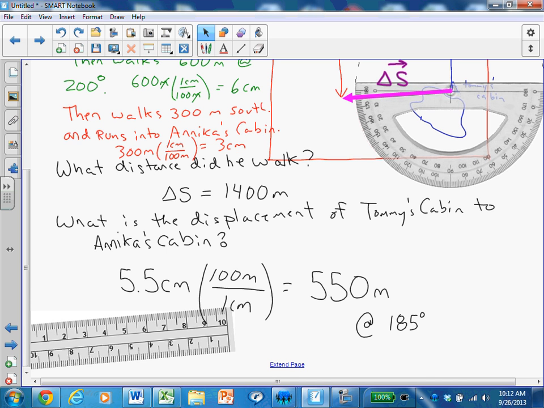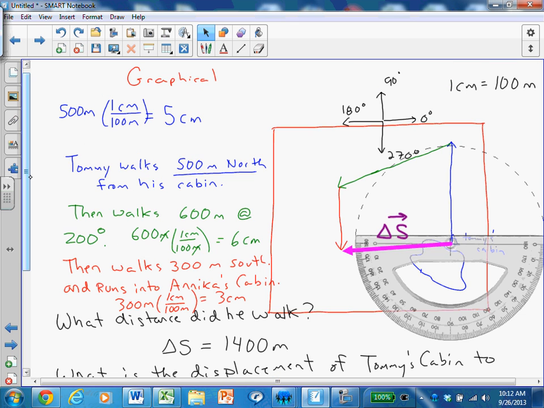So we could have found all x and y components, summed those up, found the resultant by Pythagorean, and then tan inverse to get the angle. But we didn't. We did it graphically with a ruler and a protractor.